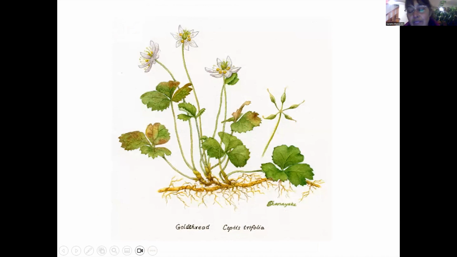It's called goldthread because the root is yellowish in color, and the flowers are really pretty. This is a medicinal plant, and native people have used it for treating sores in the mouth. So another common name for this plant is canker root, because they use the root for treating sores in the mouth. And you can see the seeds in the summer, and they are pretty too.